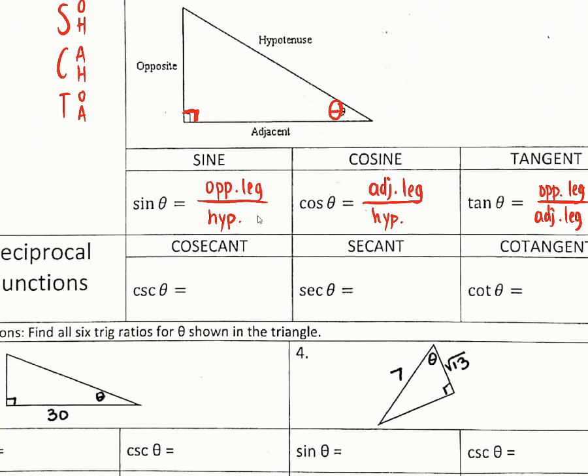We flip it. So cosecant is hypotenuse over opposite leg. We flip our sine. Secant is the reciprocal for cosine. So if cosine is adjacent over hypotenuse, secant is hypotenuse over adjacent.